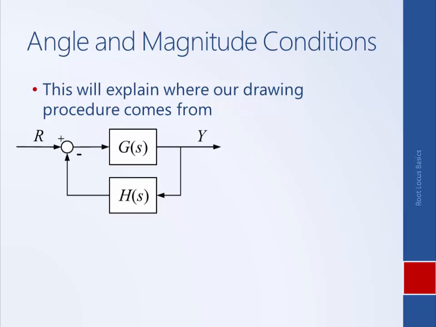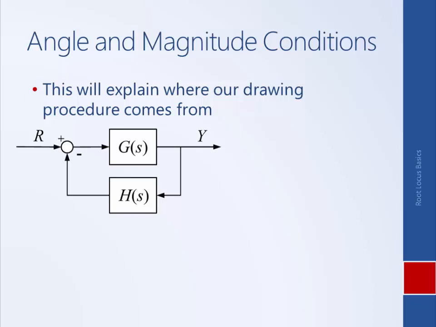At this point, we're now going to try and explain where this drawing procedure comes from. And this might be a little uncomfortable. You may not follow every piece of this explanation, and ultimately it's not necessary that you understand it completely. It's not something I'm going to ask you to do, to derive the rules for drawing a root locus, but I'm just trying to, in a very hand-waving way, explain to you where these rules come from.